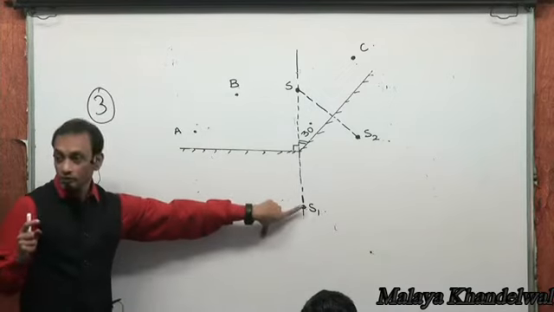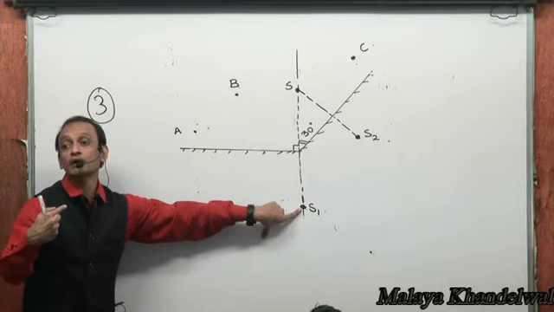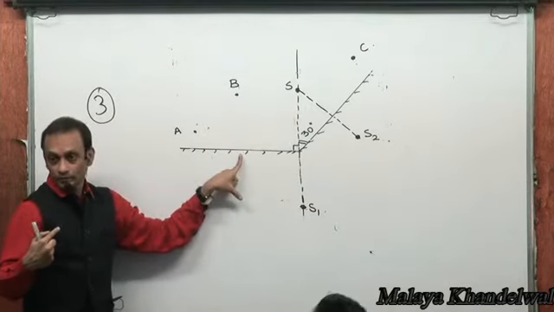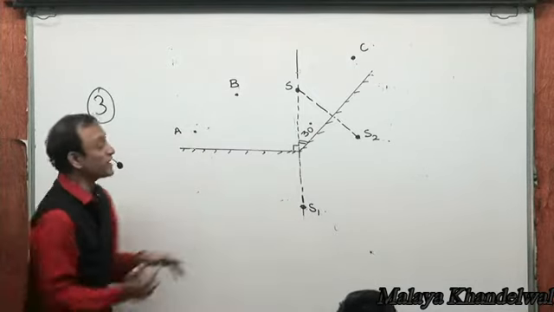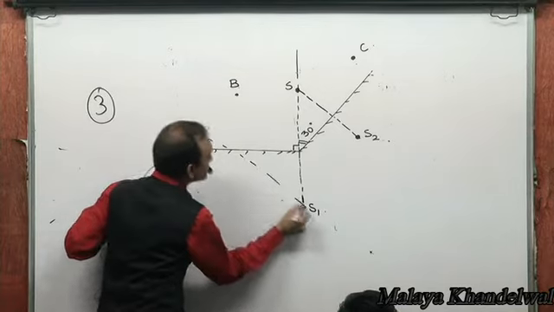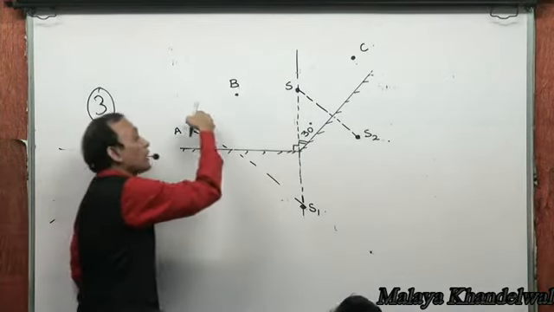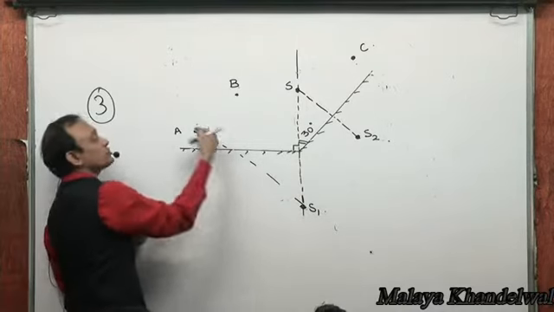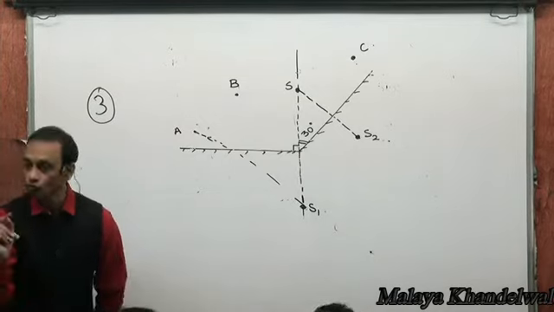If this is the image, and I can conceive of a reflected ray from this mirror coming to A, then A can see S1. Yes, I can conceive of a reflected ray like this. If this is the incident ray, this has to be the reflected ray. So I can conceive of a reflected ray which seems to be coming from S1, and therefore S1 will be visible by A.